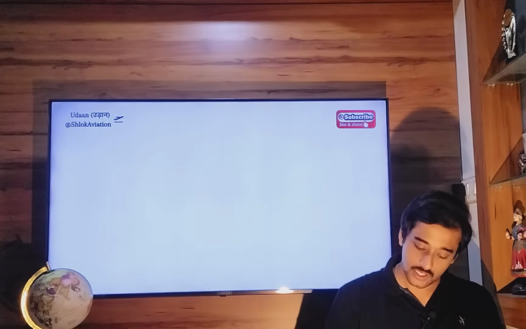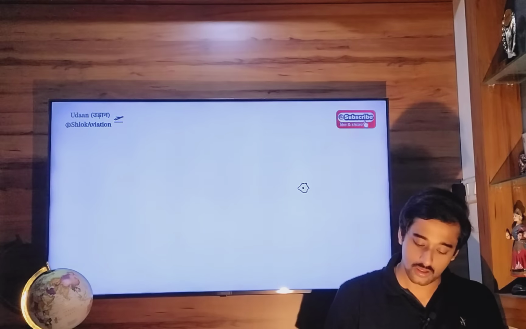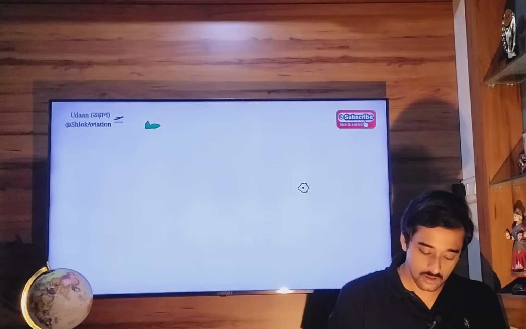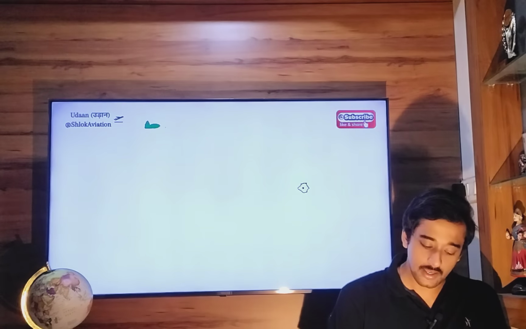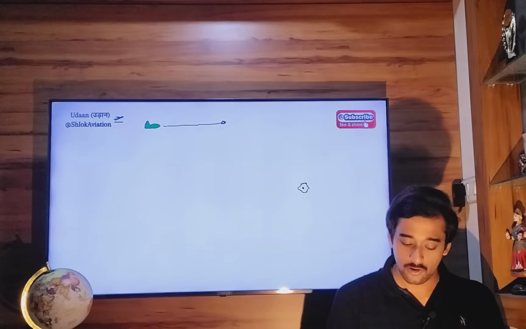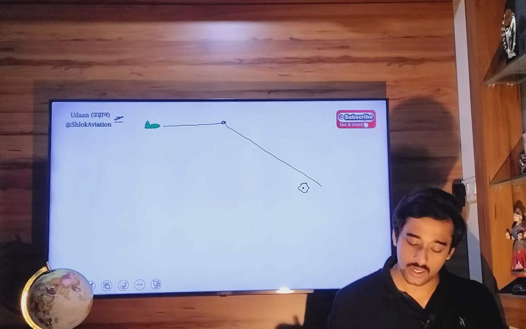Okay, so this is your VOR station. This is your aircraft. Now you will travel straight and level for some time, and then you will reach your top of descent, from where you will start your descent towards this VOR station.